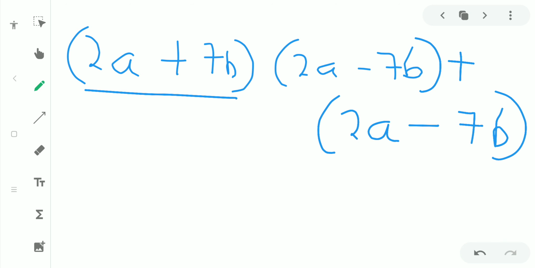So I will write first the common part, that is 2a minus 7b, which I have taken common.